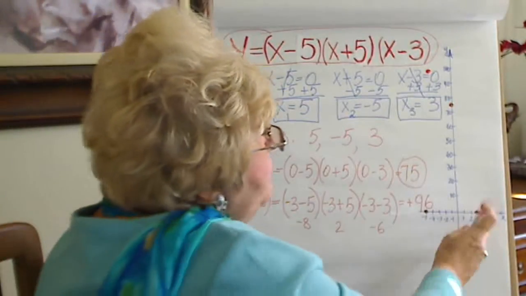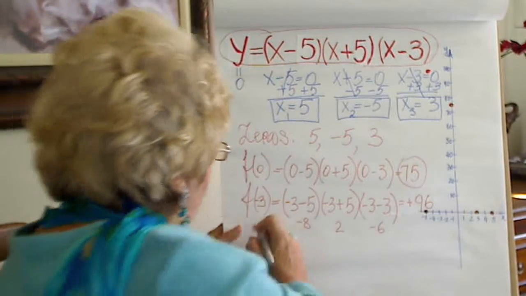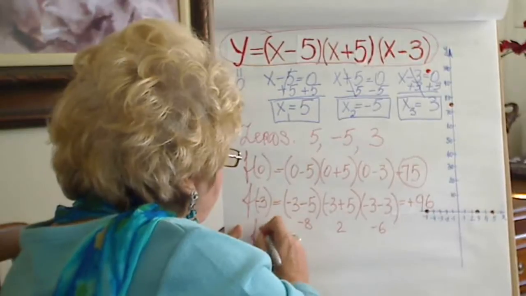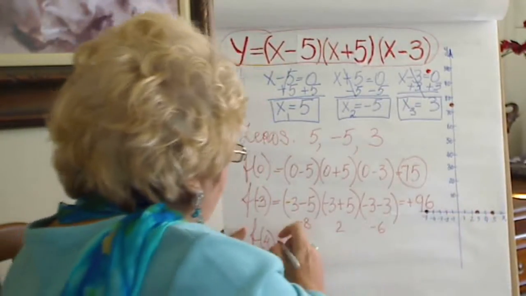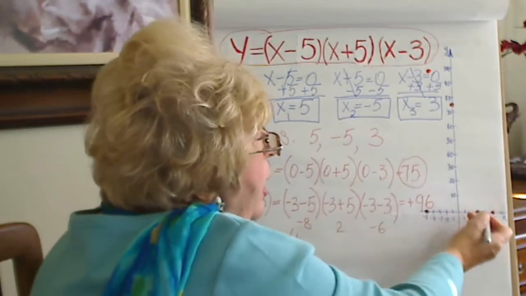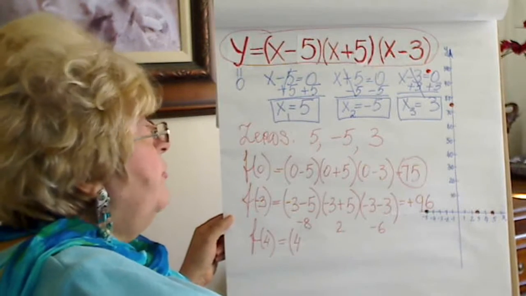And last one, we need to figure out what will be between 3 and 5. Let's take point 4. Function of x equals 4: you remember our x will be 4, and we plug into our original function.